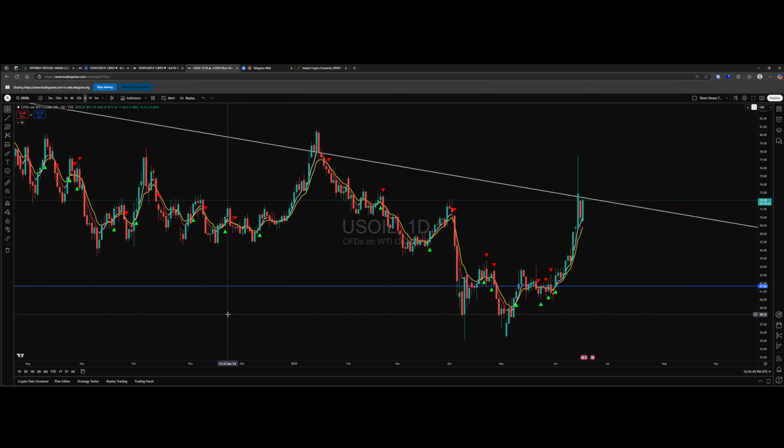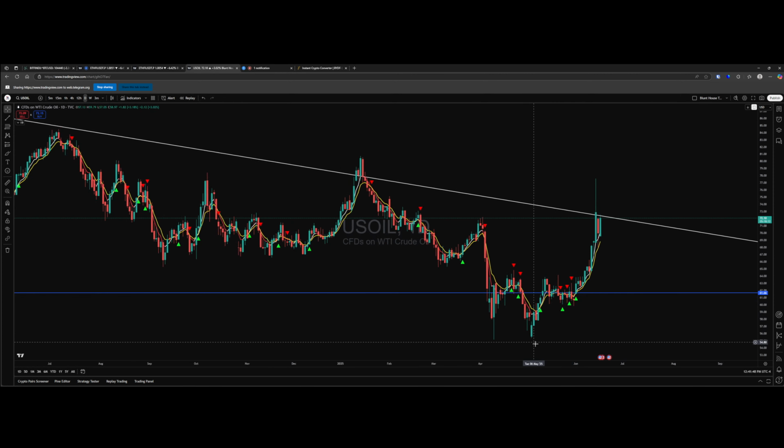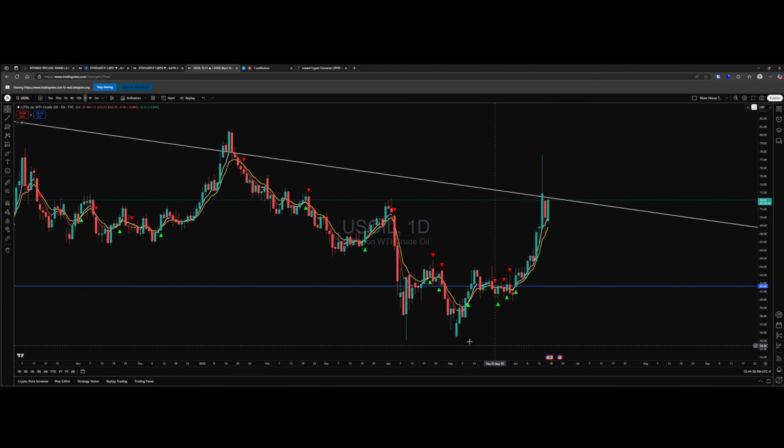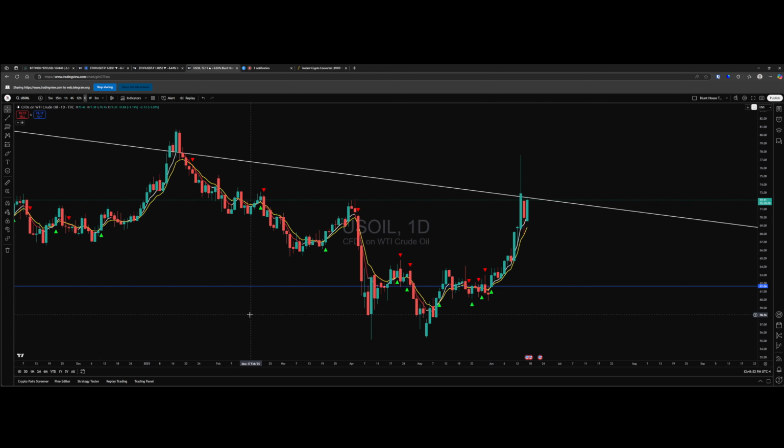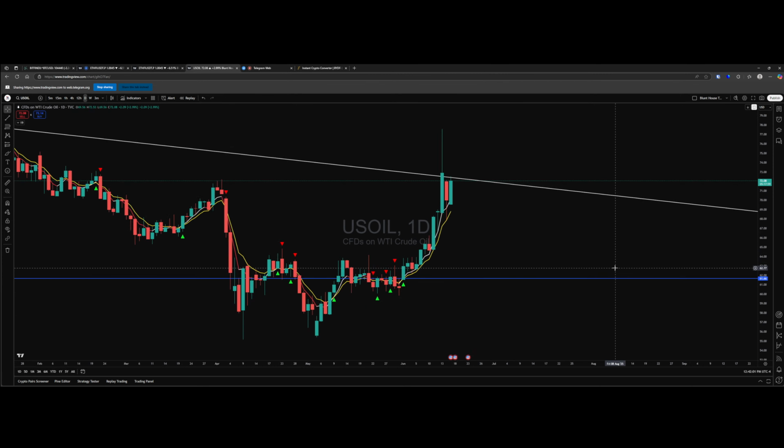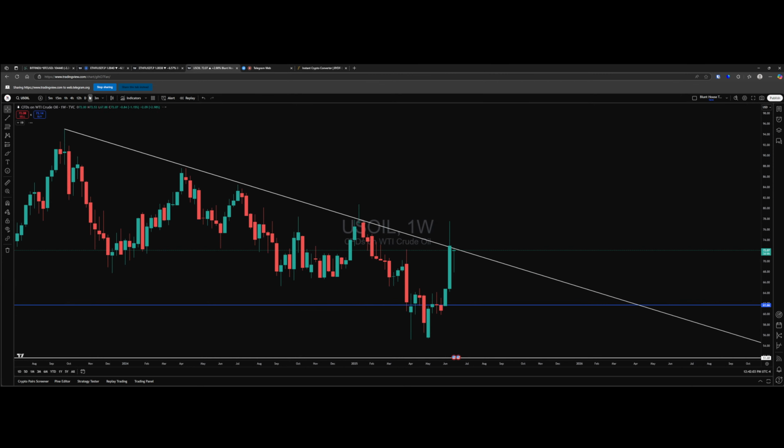And look how, even with all of the volatility of late, which has basically been the result of war, what did price do? It really respected this level. If we look at it on the weekly, it's even cleaner.